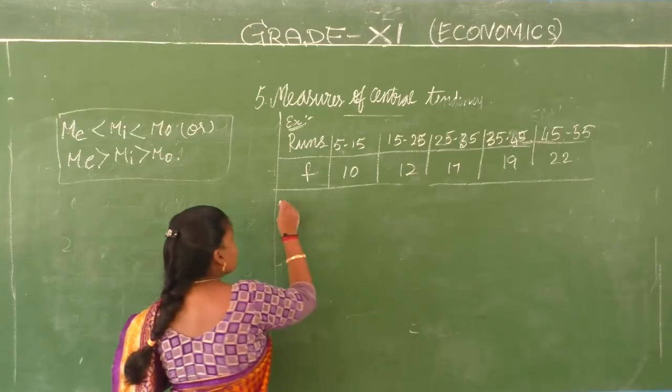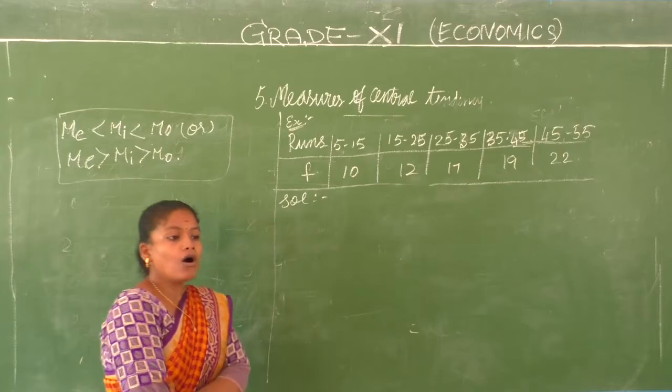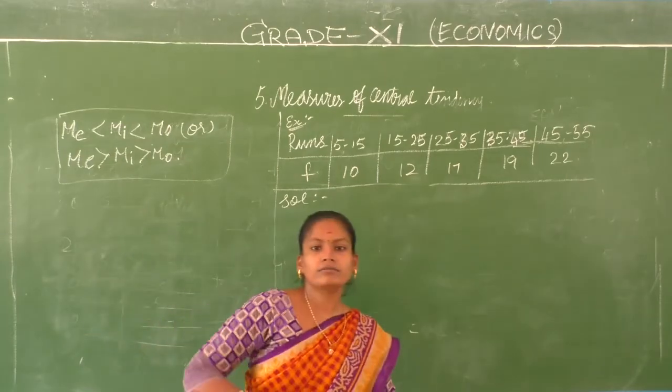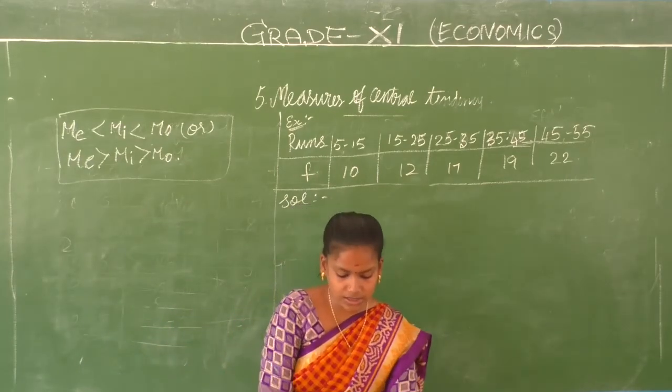Now we are going to solve it. We are going to find all three: arithmetic mean, median, mode. So this is a continuous series.